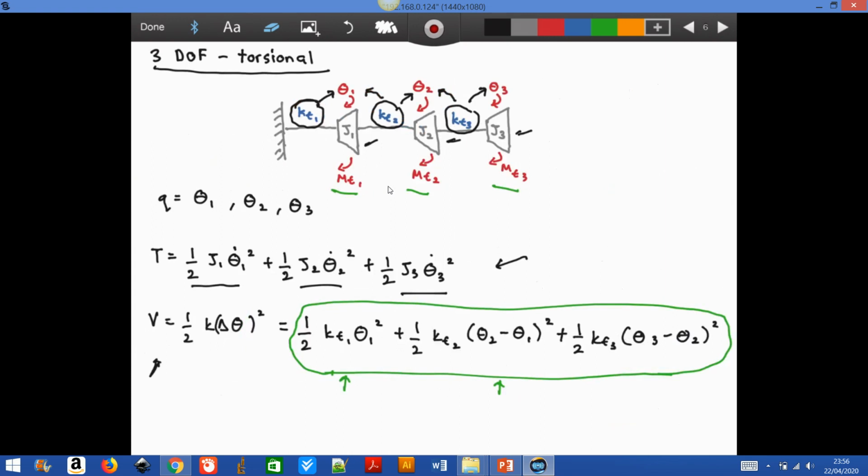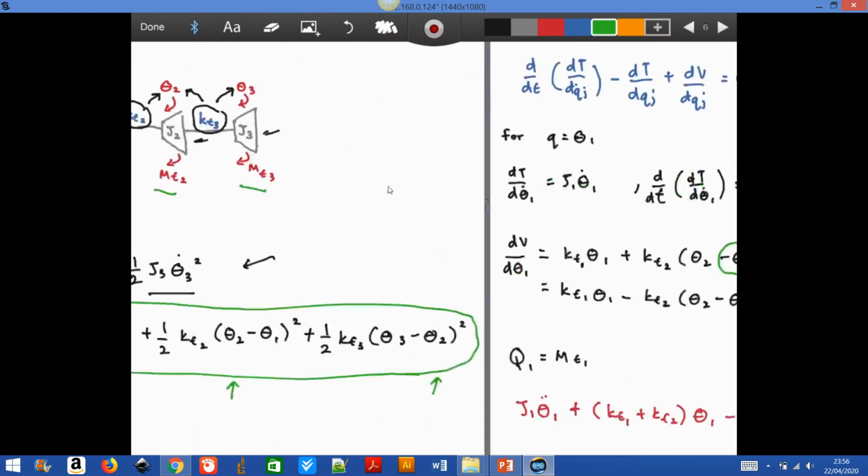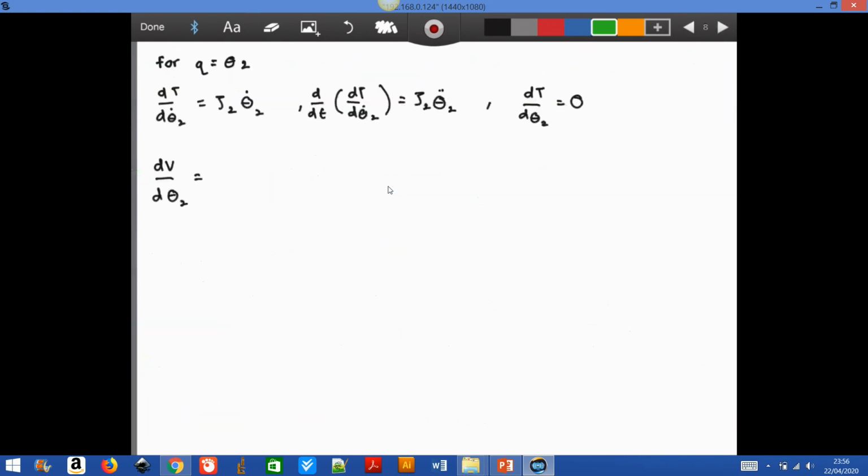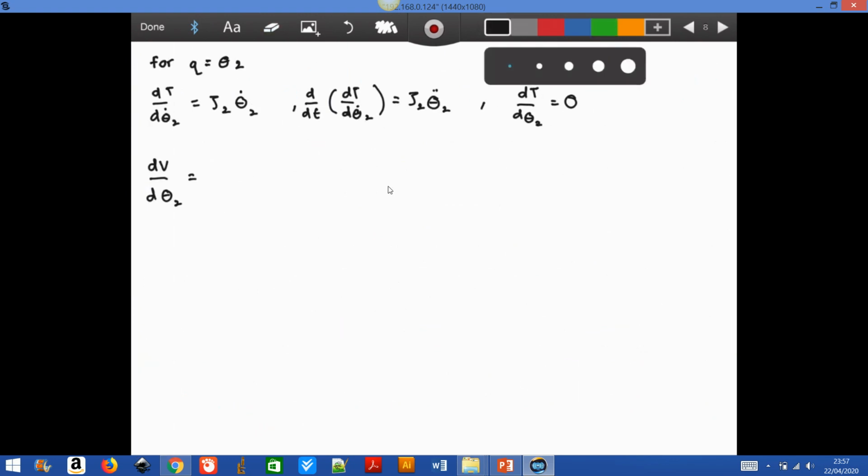so let's look in here. We've got two terms of theta 2, which is in here and also in here. So if we differentiate this towards theta 2, we will get kt2 (theta 2 minus theta 1).